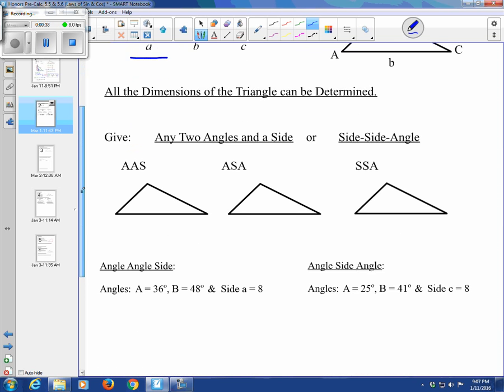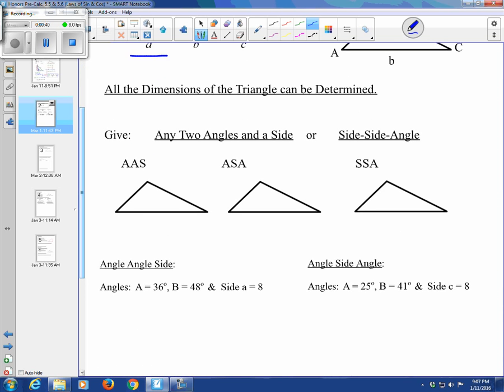in a triangle. And we can do this in three scenarios: when we have angle, angle, side, angle, side, angle, or side, side, angle. Now angle, angle, side, and angle, side, angle are both congruence relationships for triangles. So basically what that means is they're going to define one triangle, and that means we're always going to be solving for the dimensions of one triangle.